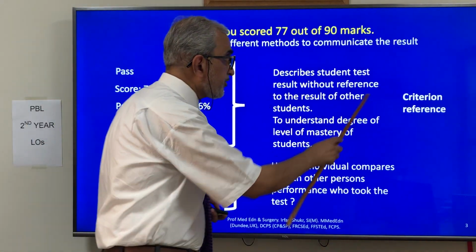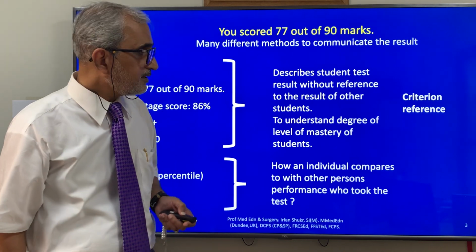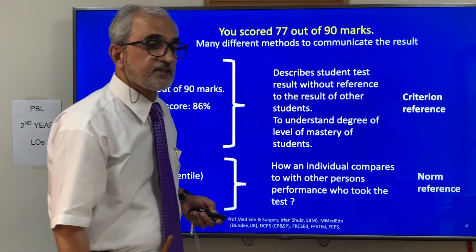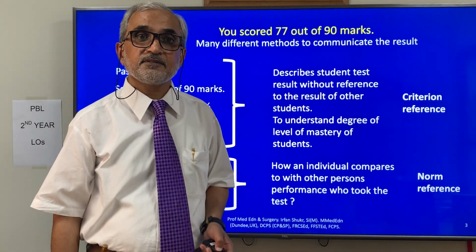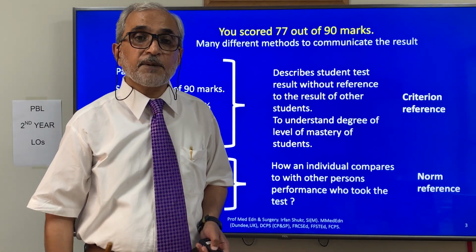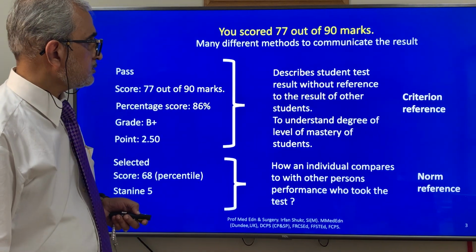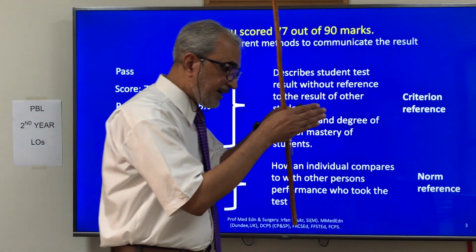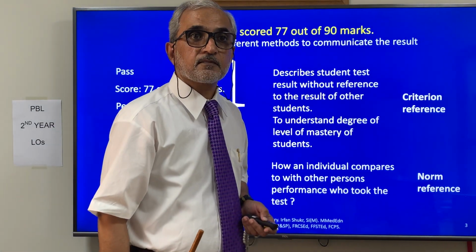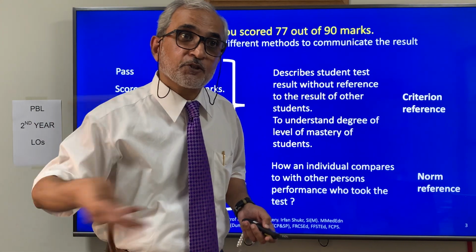The first kind is criterion referenced, because there is a criterion that cannot change. The second is norm referenced, because the result can change depending upon the performance of other students. In the criterion case, if a student has attained that competency level, he will pass. It may happen that all may pass or all may fail.